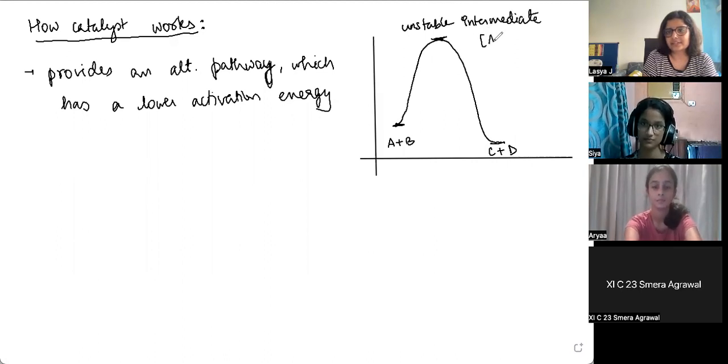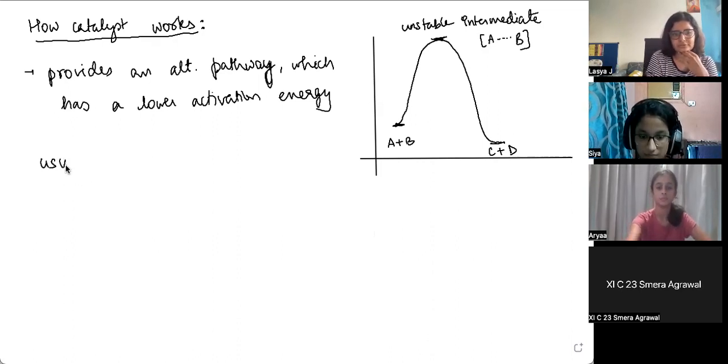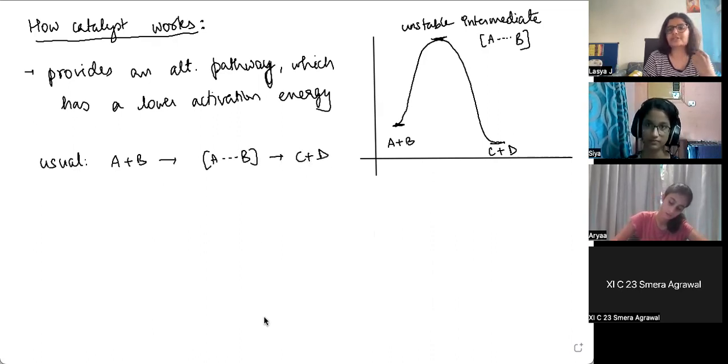In this case, let's say A, B. So usually this may be the pathway that the reaction goes. So usual may be A plus B react, they form intermediate AB, and then that rearranges into C plus D.